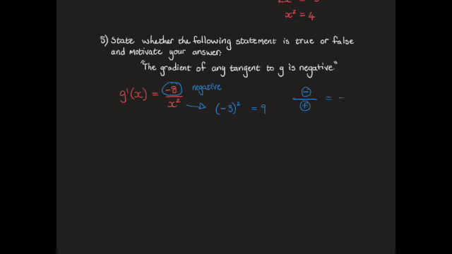You're always going to get a negative answer, which means this statement is true. It's true because negative 8, the constant, is always negative, and any squared number is always positive. A negative divided by a positive number is always going to give a negative answer.